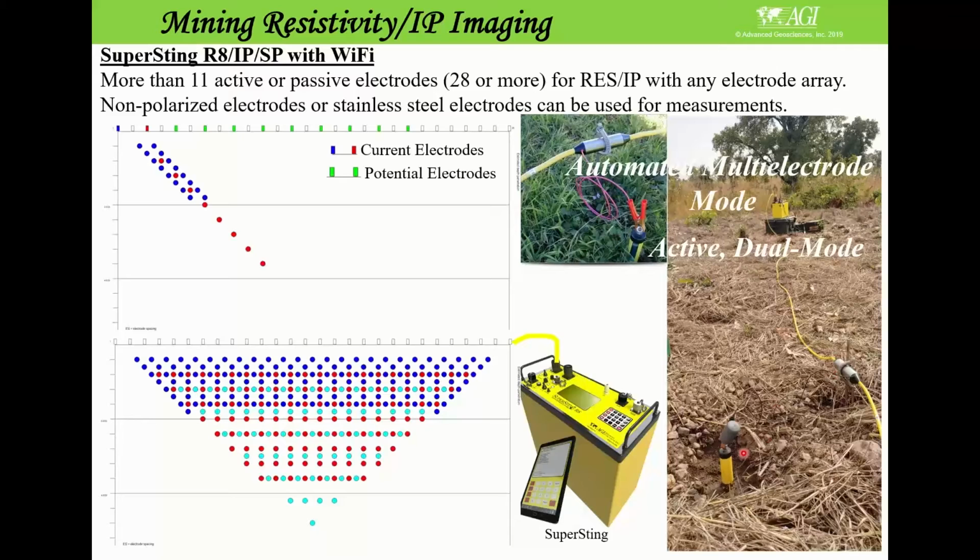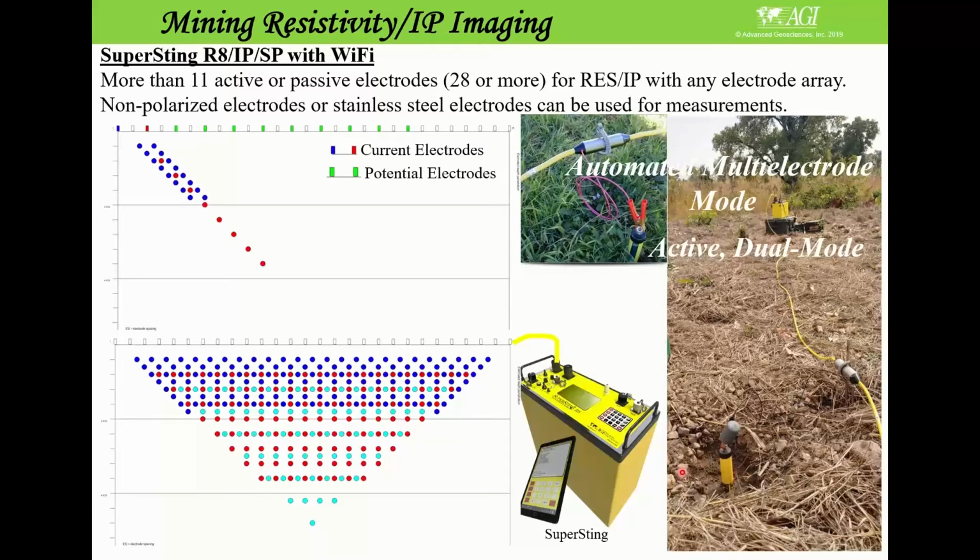but it's more expensive and more delicate. You have to be a little bit careful, because each electrode has its own electronic board inside, and you don't want to throw it around in the field and get it damaged. So it's much easier to use the non-polarizable ones when you want to.